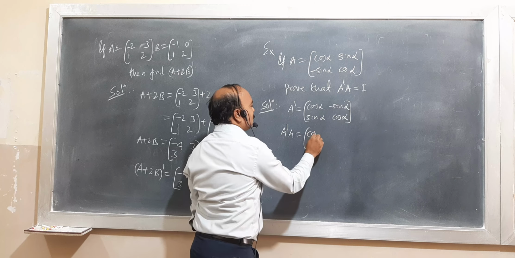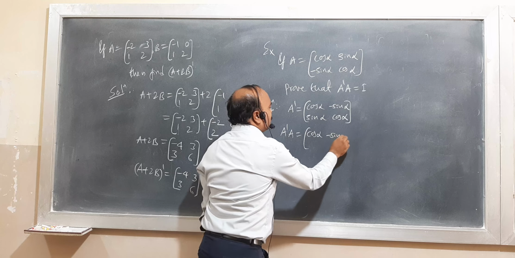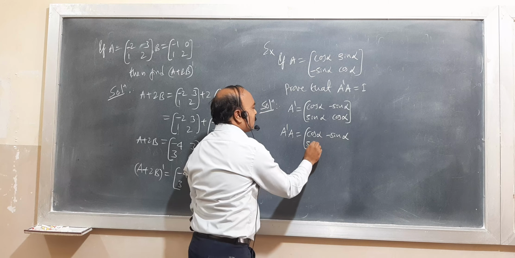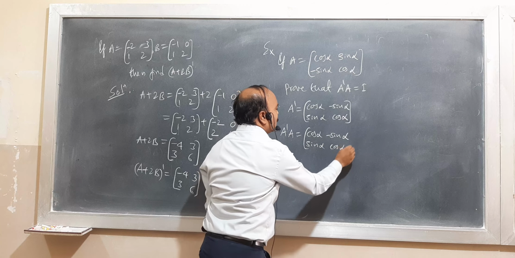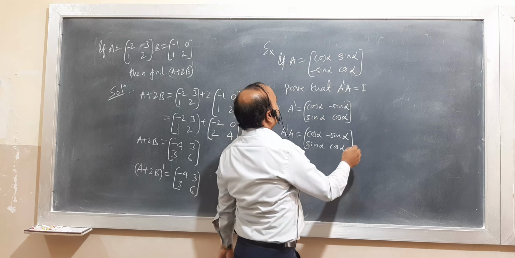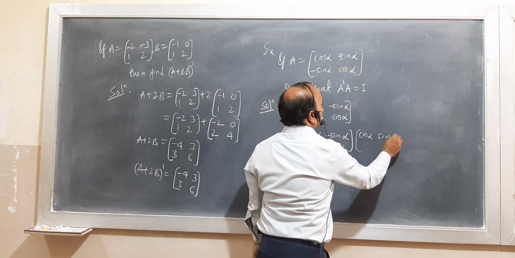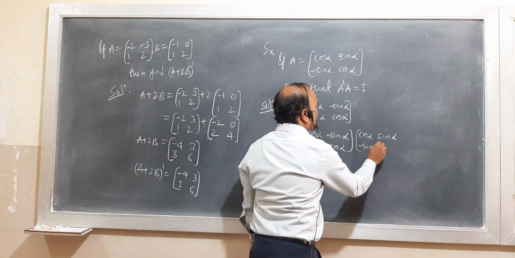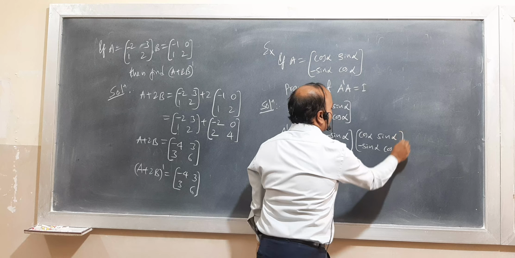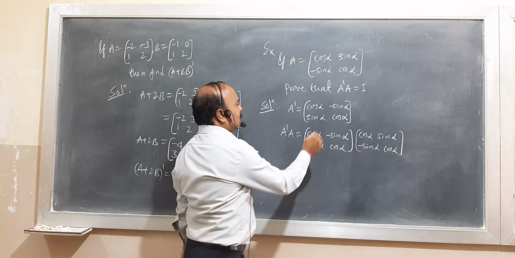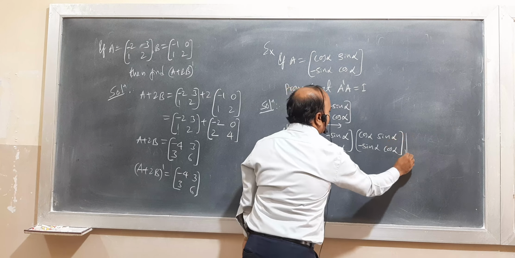Next we go for A' into A. A' is [cos alpha, -sin alpha; sin alpha, cos alpha] into A, which is [cos alpha, sin alpha; -sin alpha, cos alpha]. Now we start multiplication, row with column.